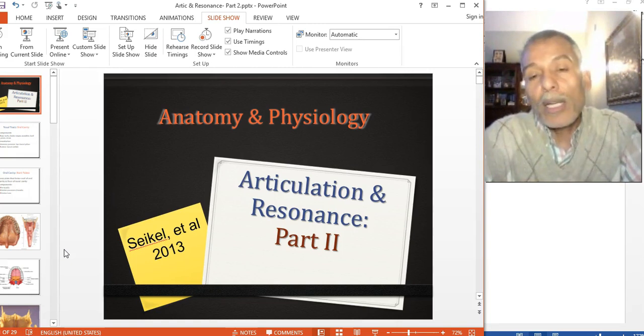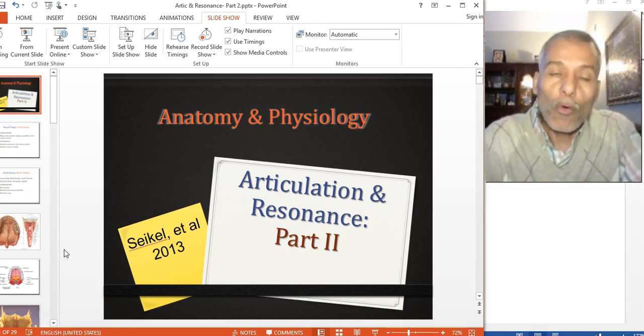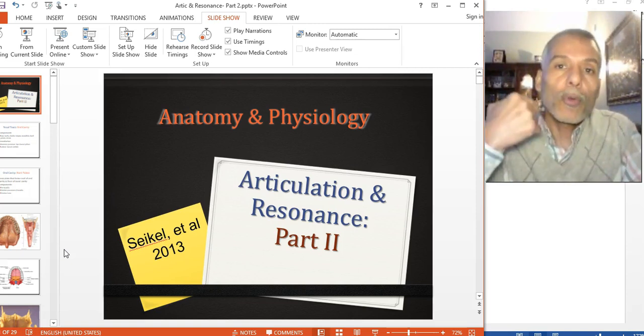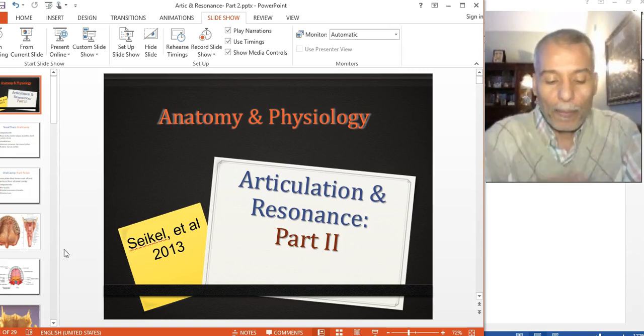How does the hard palate form? What structures make up the hard palate? What age does the hard palate begin to form? And how does it fuse? Does it fuse from back to front or front to back?